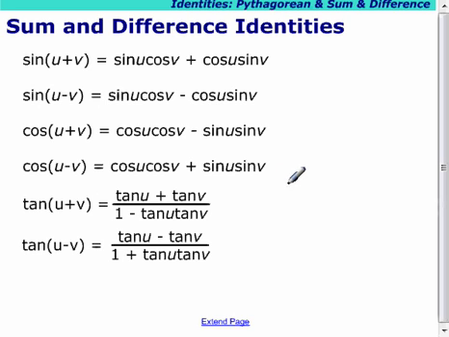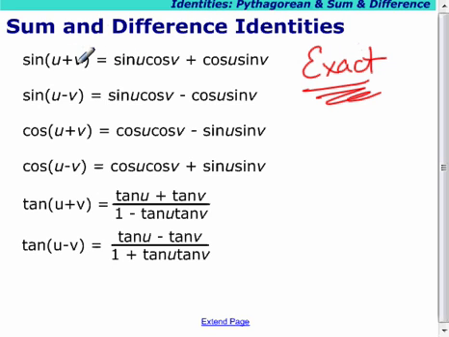Okay, here's some other identities. Oh, these ones look quite nasty. But they tend to be quite useful, especially if I'm looking for the exact value of a particular function or a particular trig ratio.